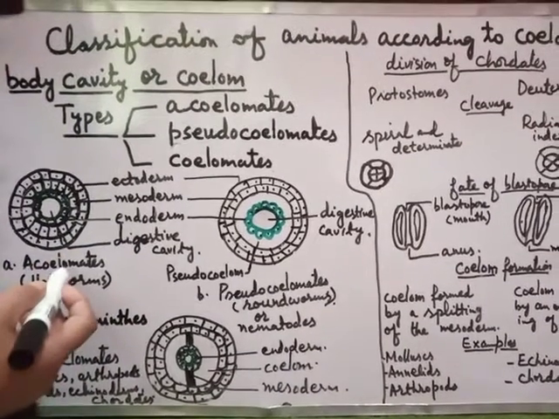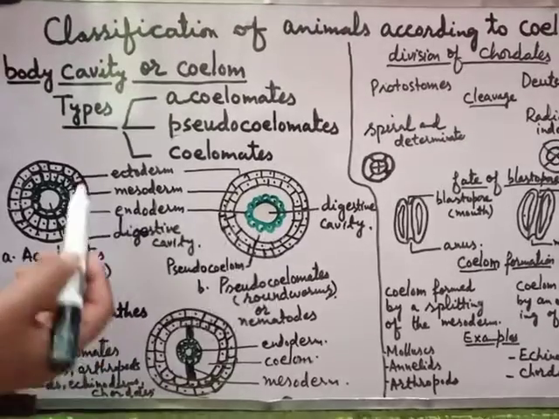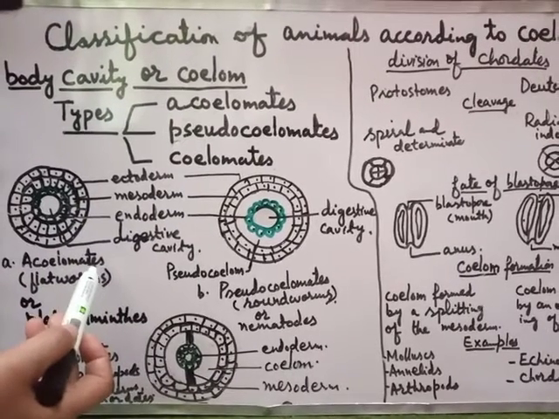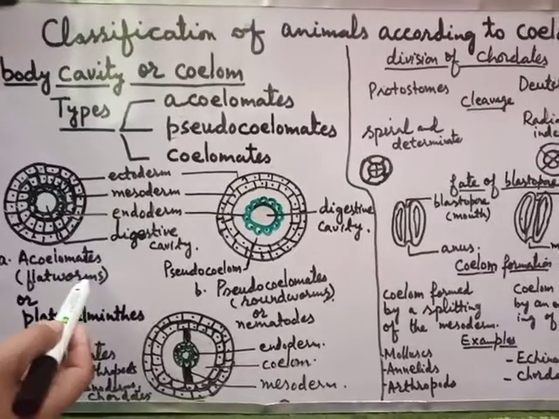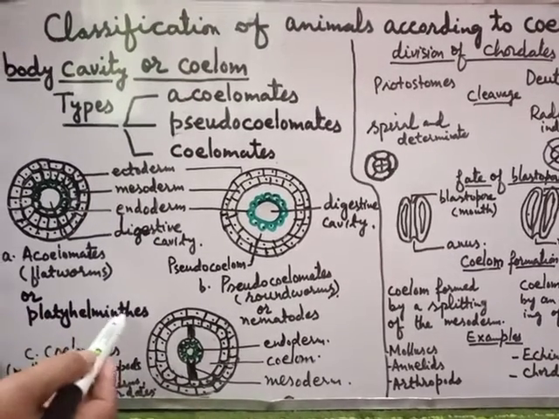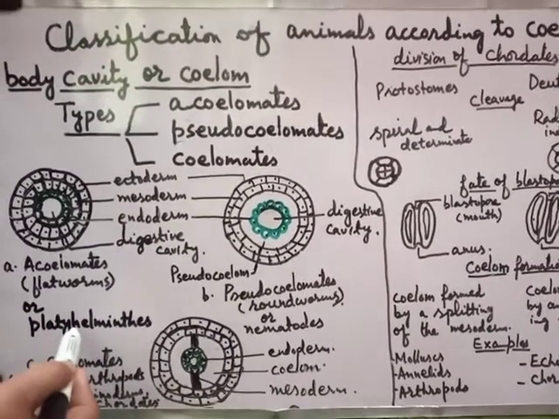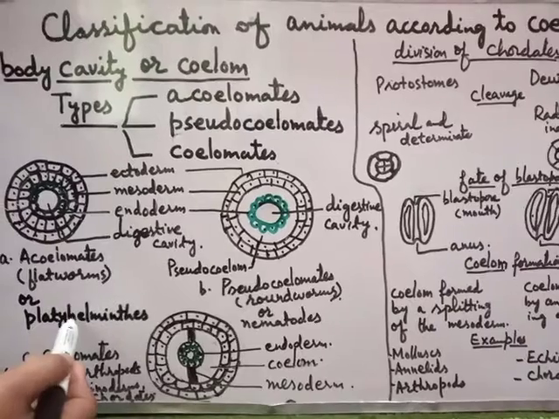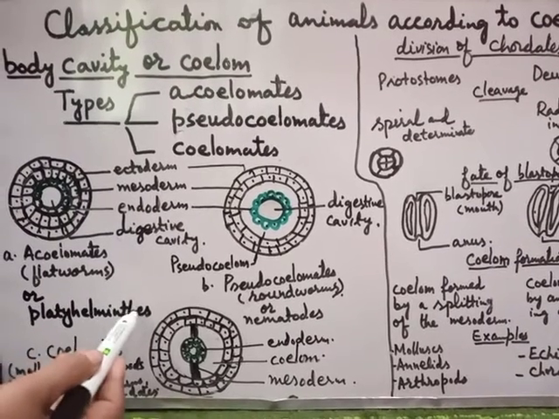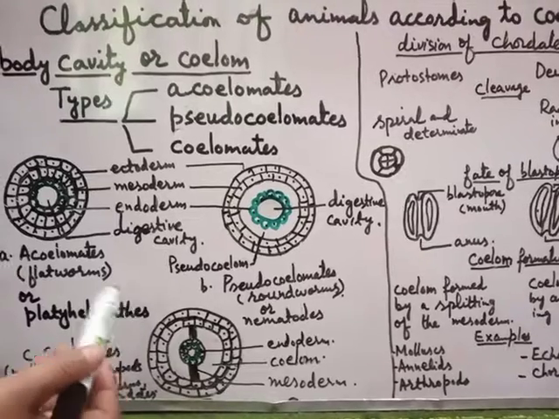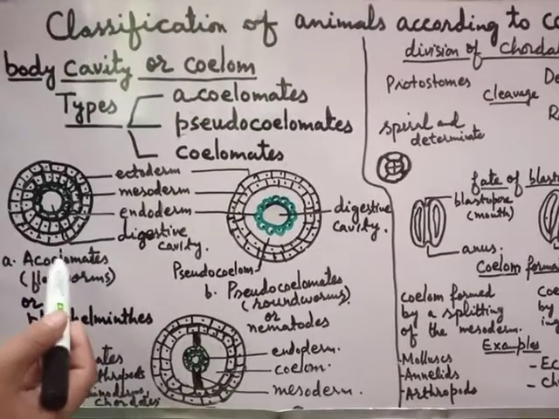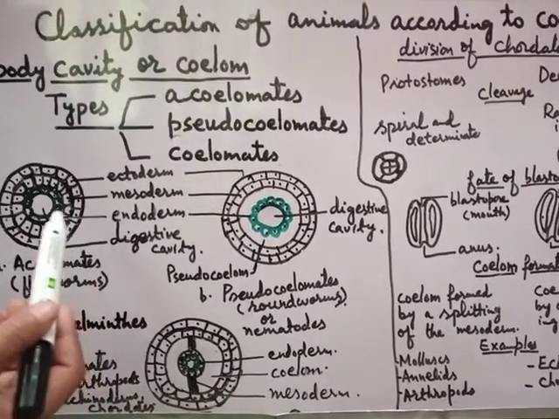A means without, so they are without any coelom, that's why we call them acoelomates. Flatworms are Platyhelminthes. The word platy is for flat or plate-like animals, and helminths means worms. So flatworms are also called Platyhelminthes. So what are they? They are acoelomates.